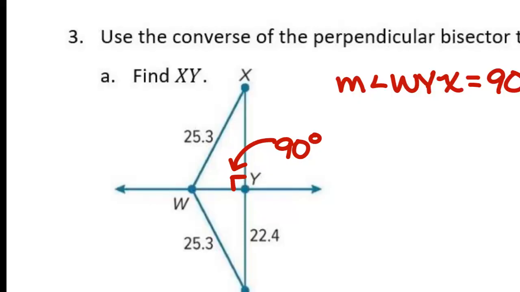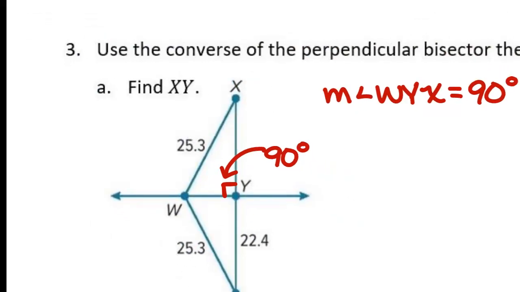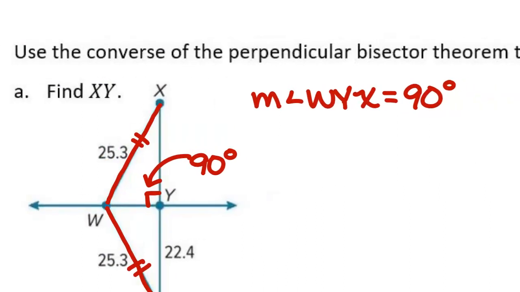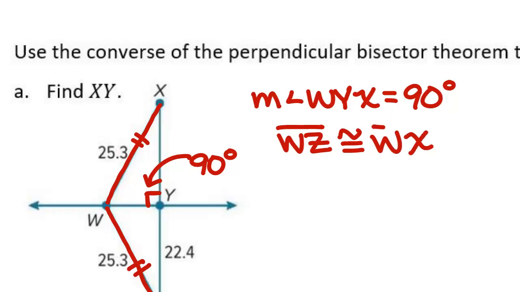WZ 25.3 is congruent to WX 25.3. Without that information, you don't know that it's a bisector. You know it's perpendicular, but you don't know the bisector part.